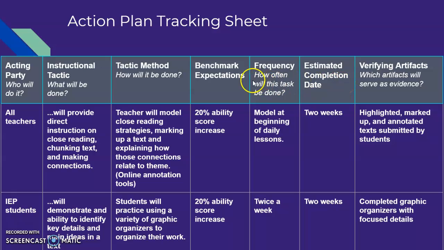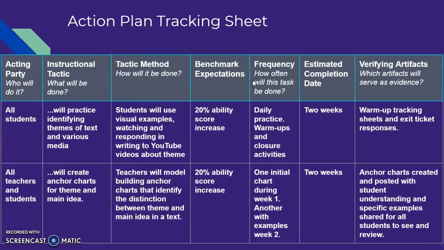This is the nitty-gritty part where we're really getting into how we're going to improve student performance: what we're going to do with instruction, what the students are going to do, what the teachers are going to do, to really focus on these learning gaps and instructional gaps that we found, and find a way to increase student learning and build them up to a point where we can meet that targeted learning goal.